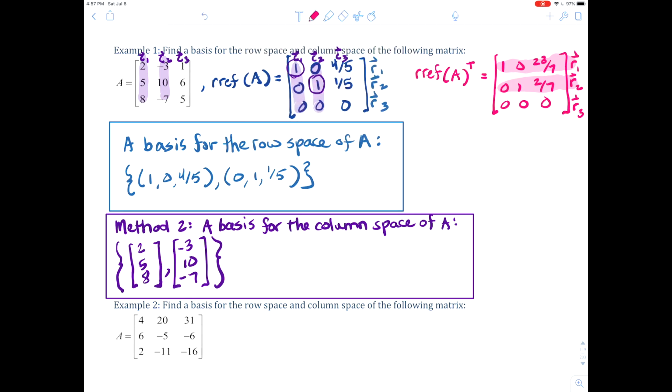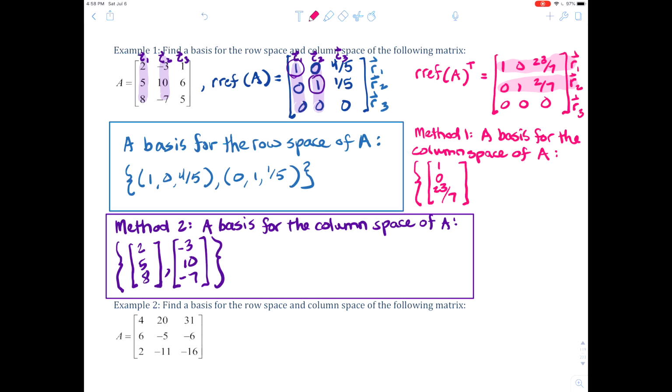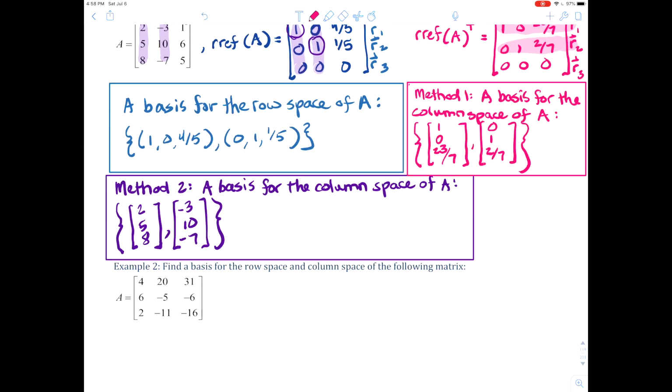So using method 1, a basis for the column space of A will be (1, 0, 23/7) as a column. Remember, you have to use the reduced form. And then (0, 1, 2/7). All right? Okay, perfect.